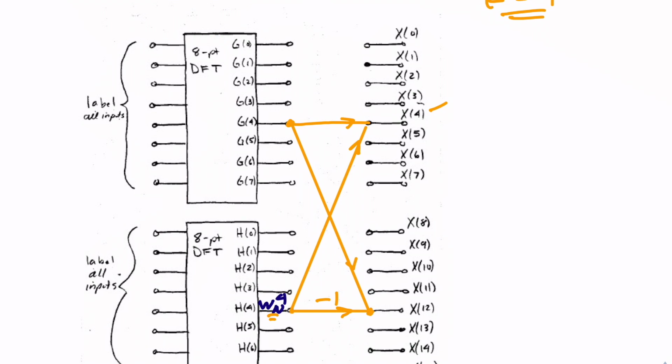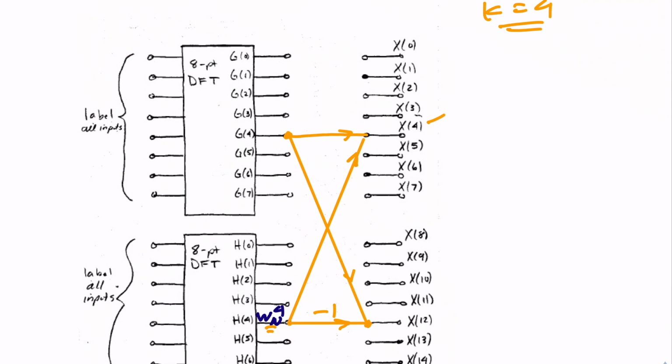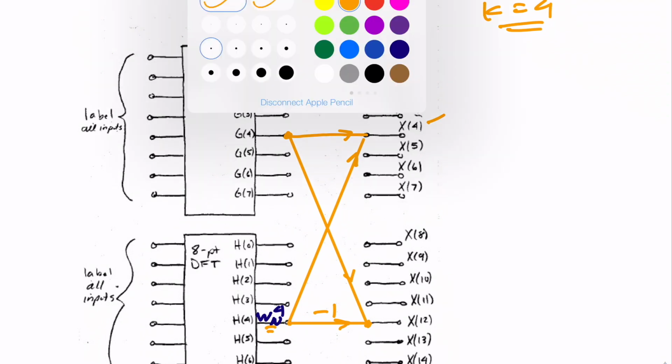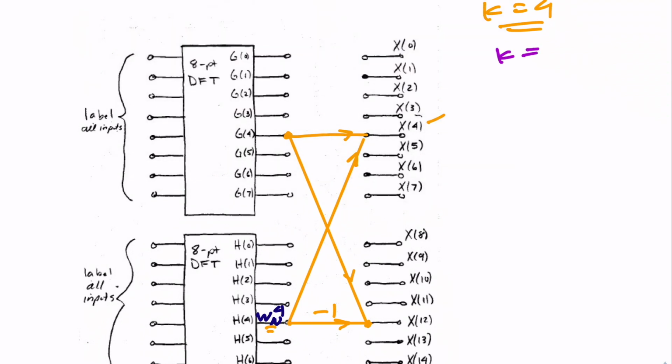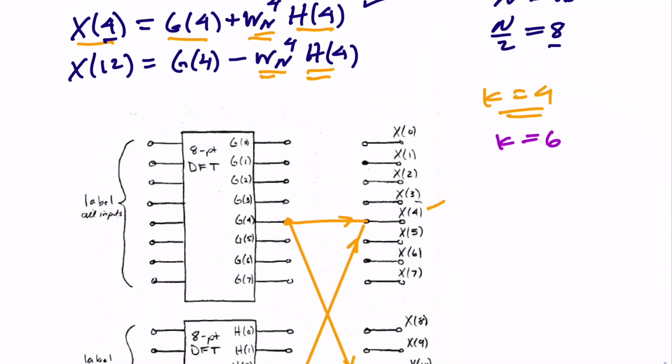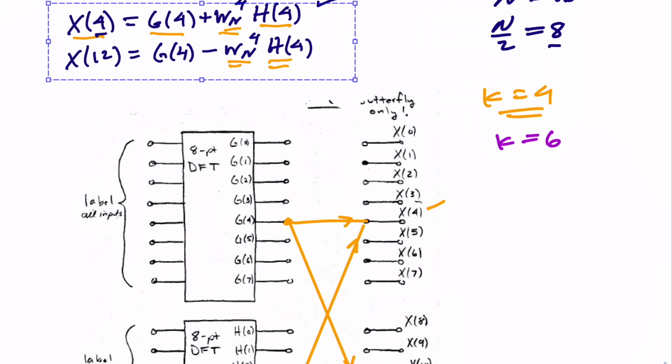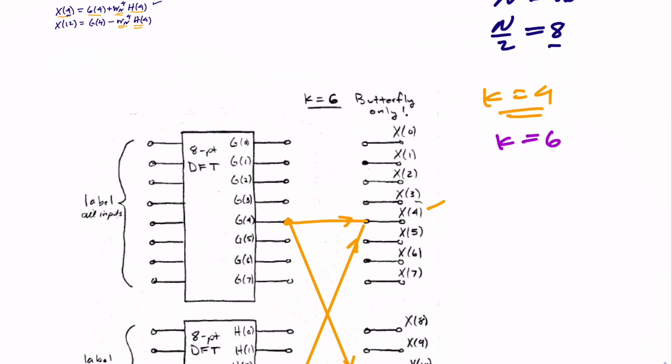We're still going to have to label the inputs. Let's do k equals 6 first, and then we'll label the inputs. If I repeat this with k equals 6, the only thing that changes is the k value.